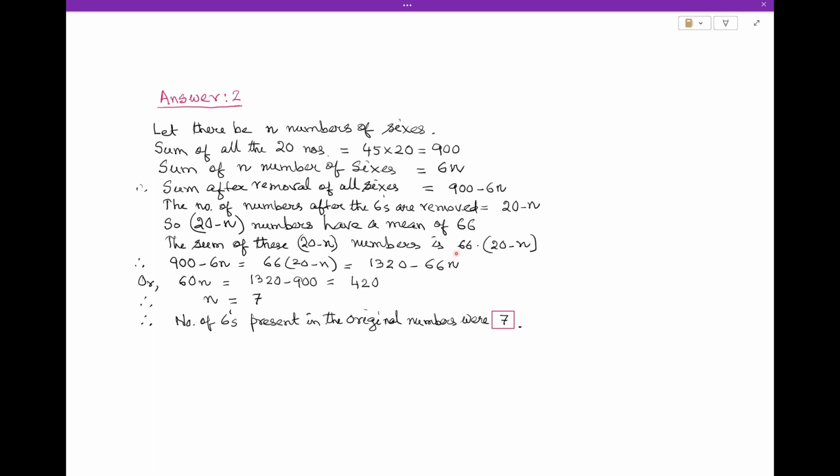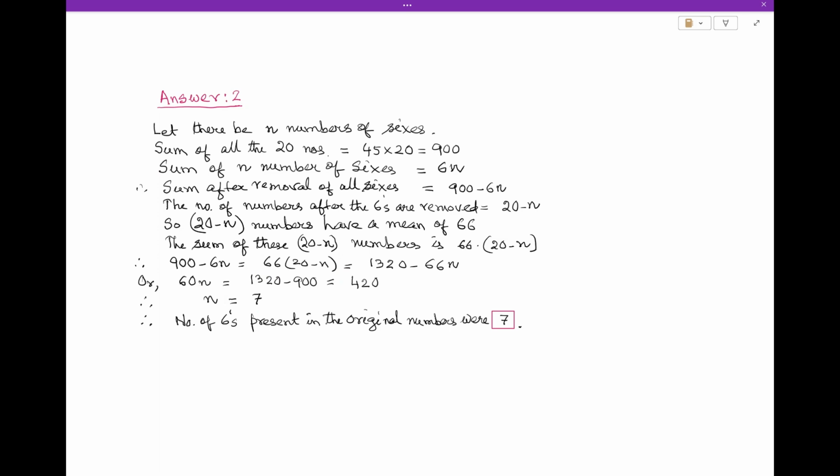So 66 into 20 minus n and 900 minus 6n, which is also the sum of the numbers after all the sixes are removed, should be equal. Or we can write 900 minus 6n is equal to 1320 minus 66n, which is obtained by simplifying this term.